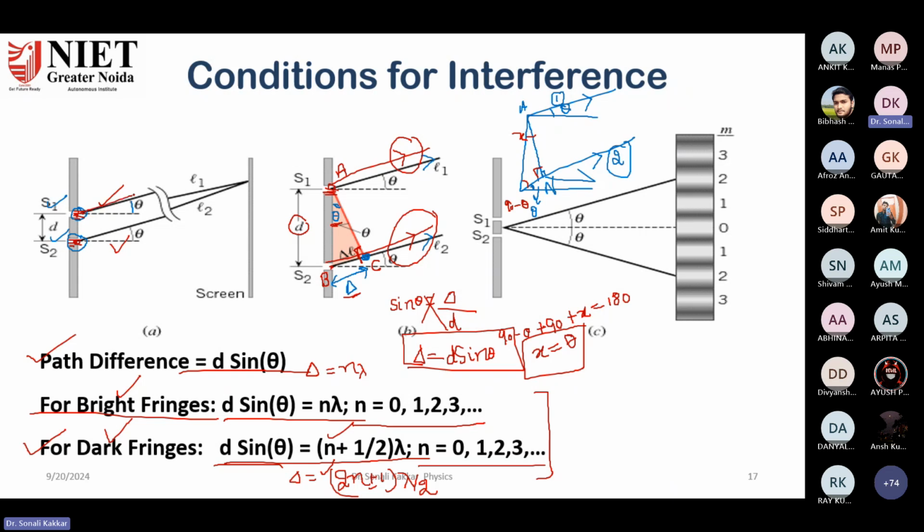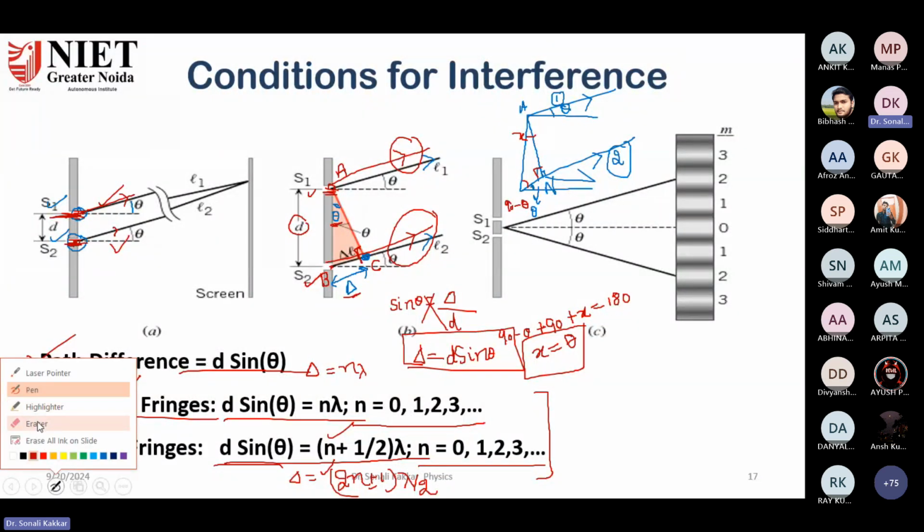The rays that are superimposed on each other are those coming from the corresponding points of the slits S1 and S2. Here, these rays are coming from the center of slits S1 and S2. You note this down, all these conditions.